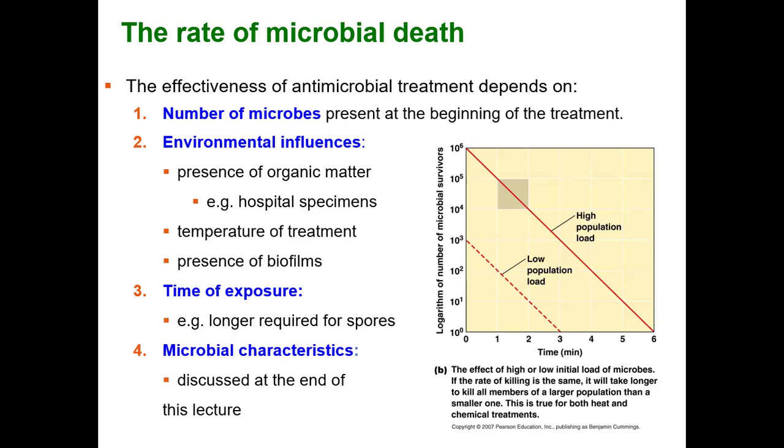And then lastly, there are microbial characteristics of certain species that affect the microbial death rate. And I'll talk about this at the end of this lesson, but there are different things. Obviously, one is members of Bacillus and Clostridium create endospores, so that's going to affect the death rate.